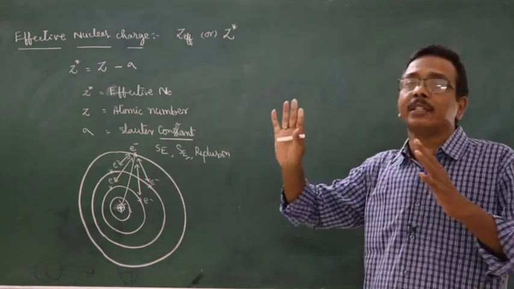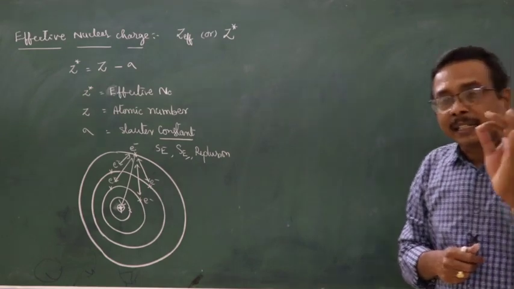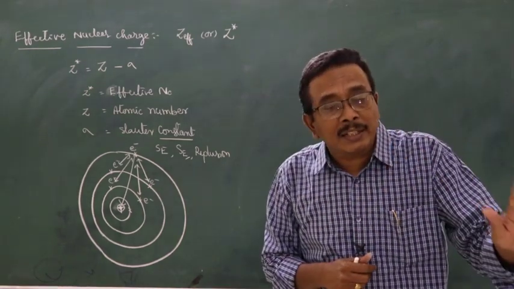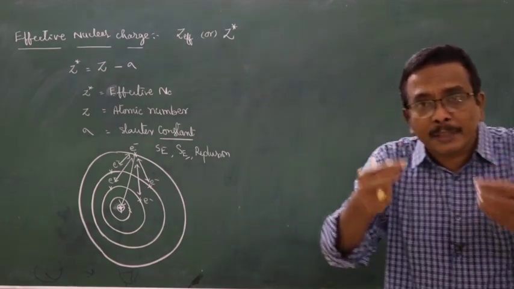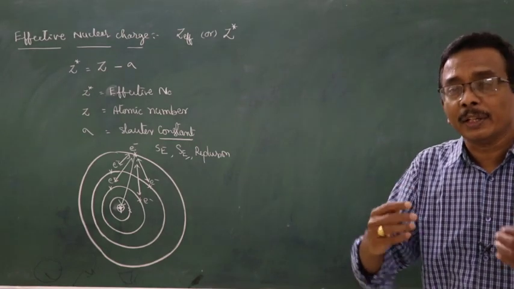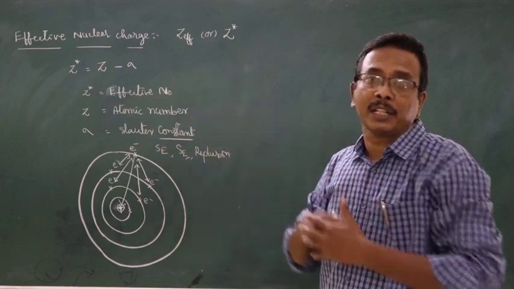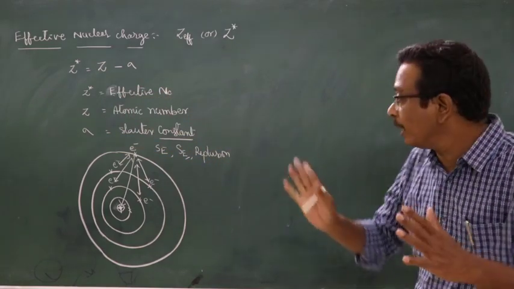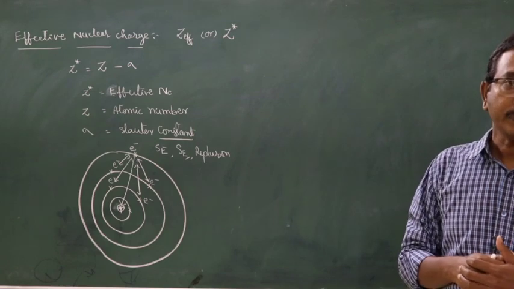I am repeating once again: screening effect is also known as shielding effect. The electrons present in the inner orbits obstruct, meaning they behave like screens to the nuclear attraction on the outermost electron. That phenomenon is known as screening effect or shielding effect.